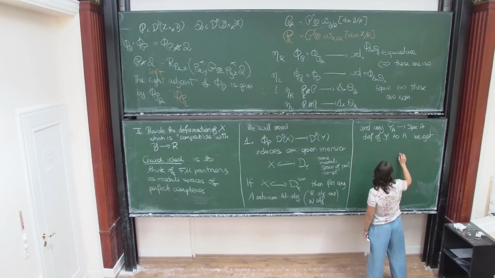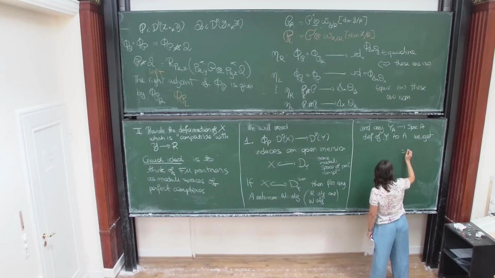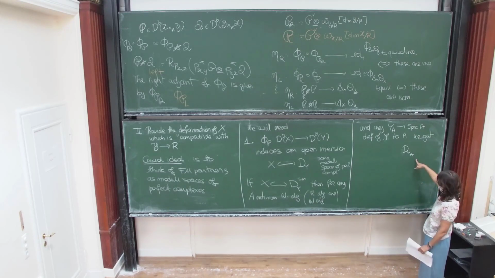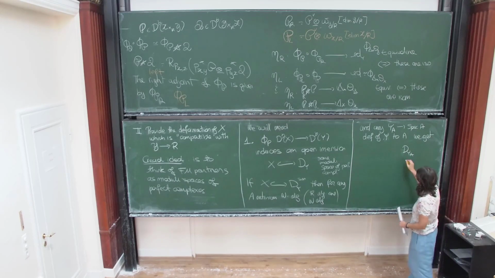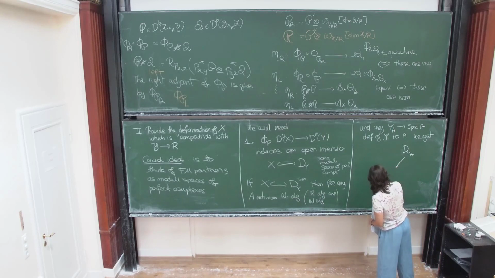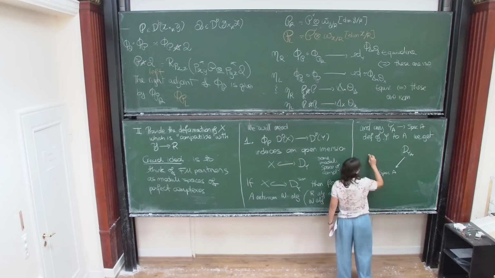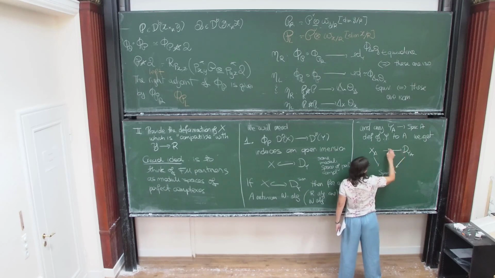So what we get is DY_A, a deformation of DY to Spec A. But X is inside the smooth locus, so we can cook up X_A.